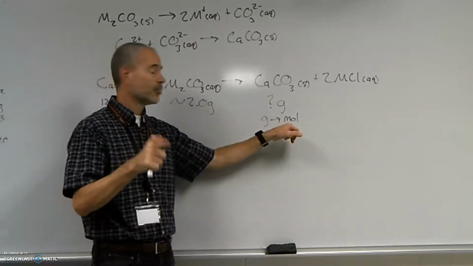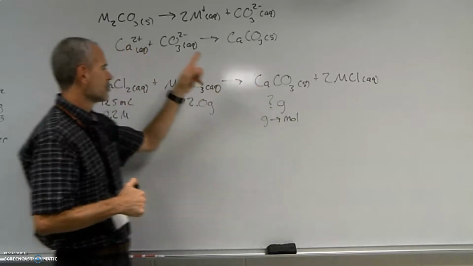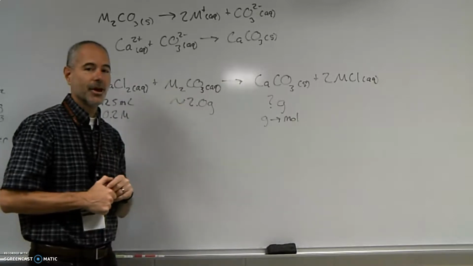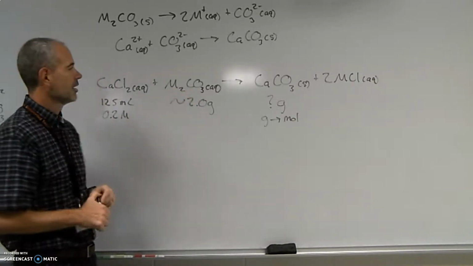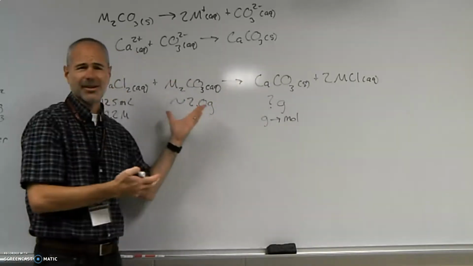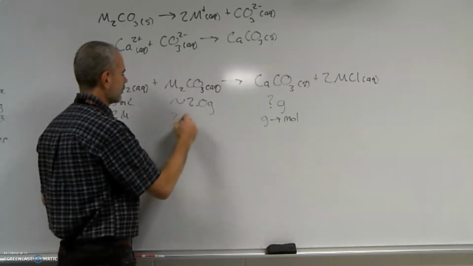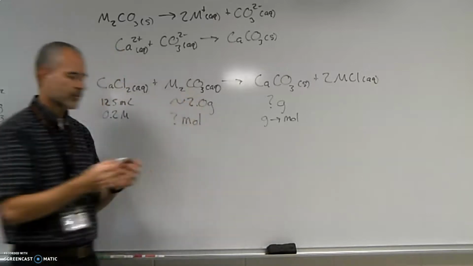If I know the number of moles of calcium carbonate, I can use the stoichiometry to figure out the moles of the mysterious metal carbonate. If I figure out the mole-to-mole ratio, it's right there. Do the mole-to-mole ratio, and I will have the moles of this metal carbonate.